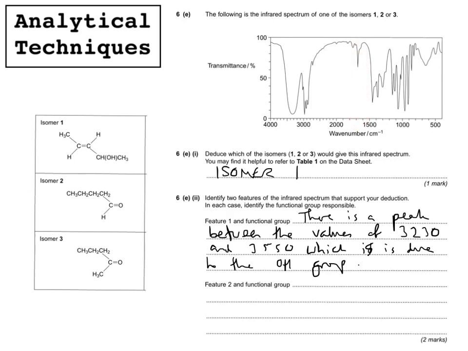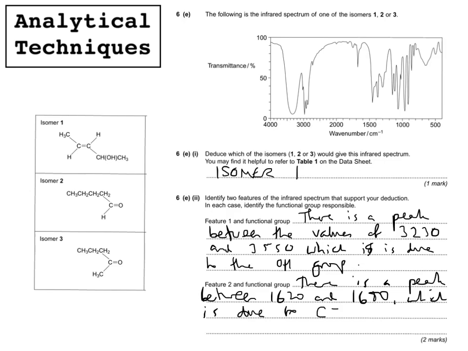So you'd say there is also a peak between 1620 and 1680, which is due to C-C double bond.